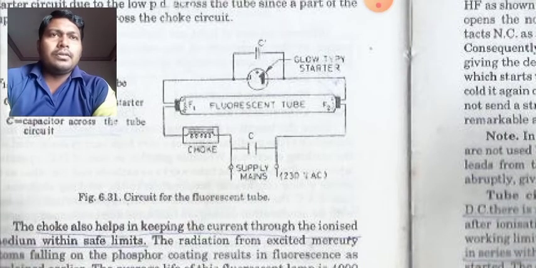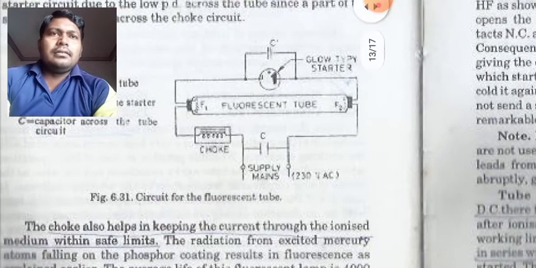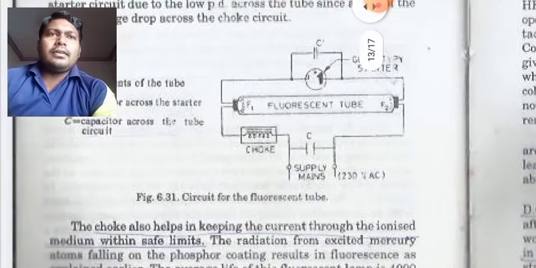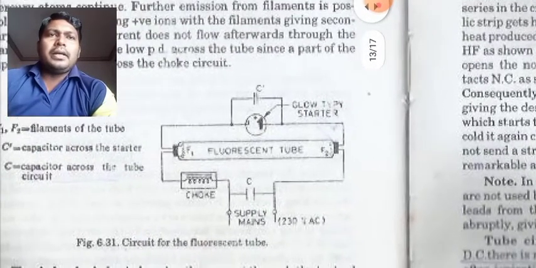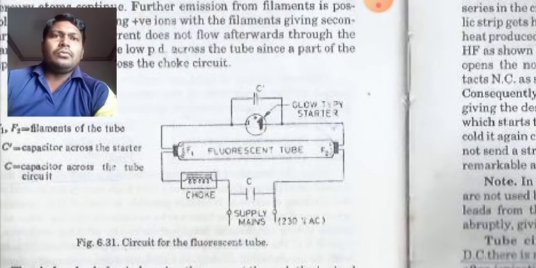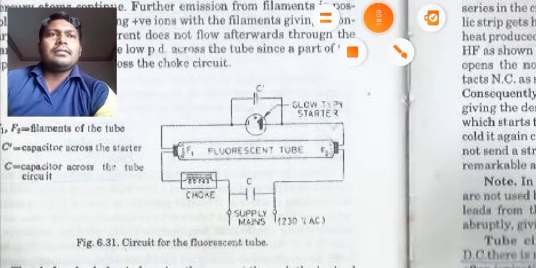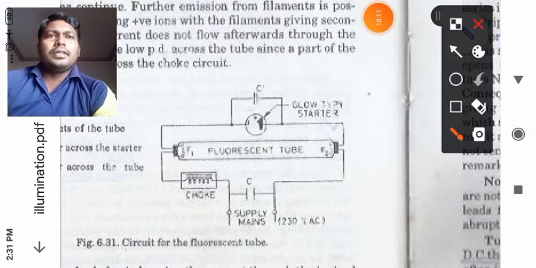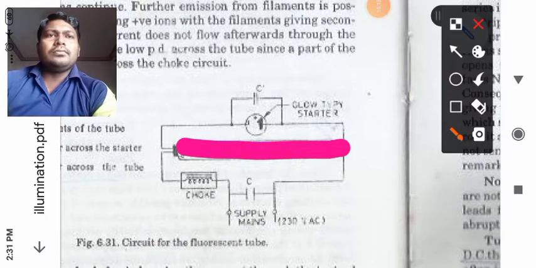You should remember also what are the electrical equipments connected with this circuit. Let us first understand. There is a fluorescent tube. Let me mark it so that it will be easier for you. So this is the fluorescent tube, marked with the pink color.